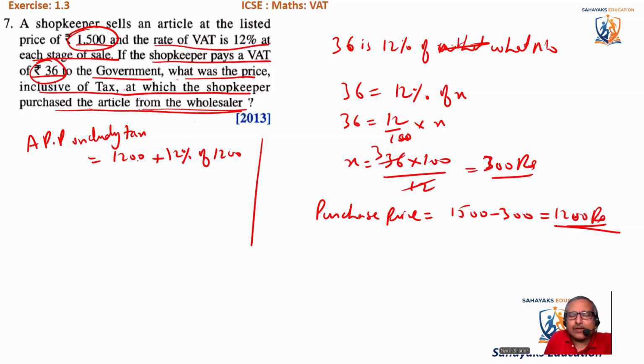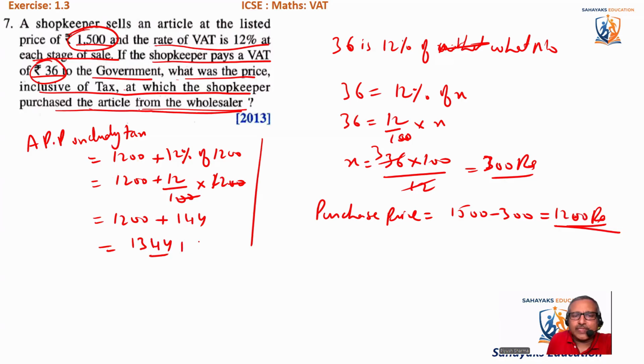I can also say 112% of 1,200. So we'll write it as 1,200 plus 12 by 100 of 1,200. 12 into 12 is 144. This comes out to be 1,200 plus 144, so it comes out to be 1,344 rupees. So he purchased that article for 1,344 rupees, inclusive of tax.